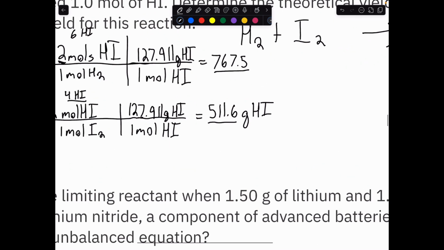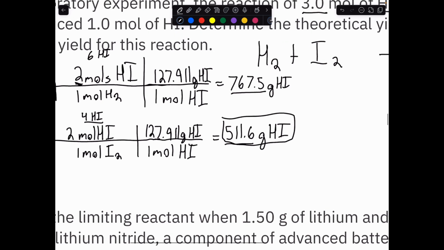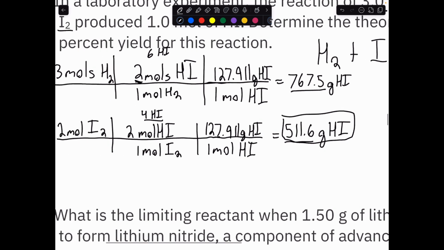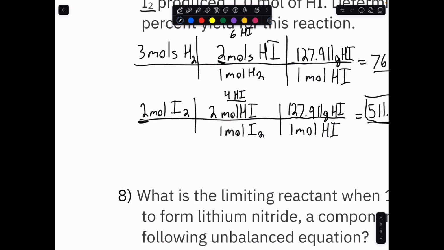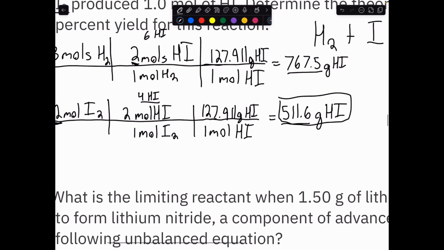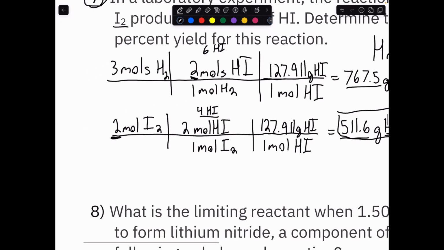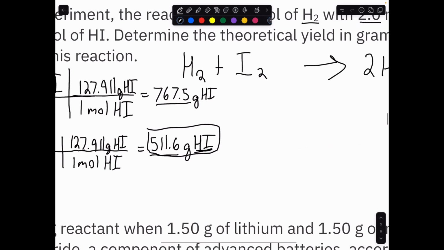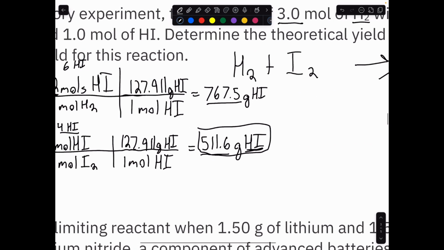And so from there, we know that this amount right here is the smaller amount of, sorry, I didn't put grams HI over here, but we know that this smaller amount of grams HI is the limiting reactant. And the reason we know it's the limiting reactant is because for 2 moles of I, we only produce this much HI. And like when we're doing an equation, we're given one amount here, I'm going to change the color, one amount here and a different amount here.